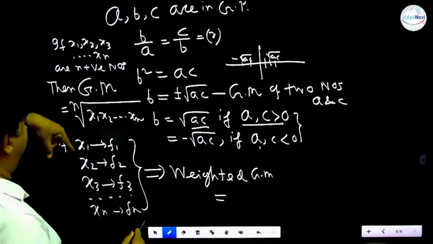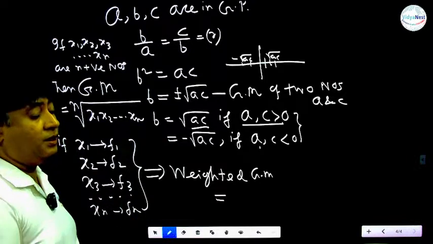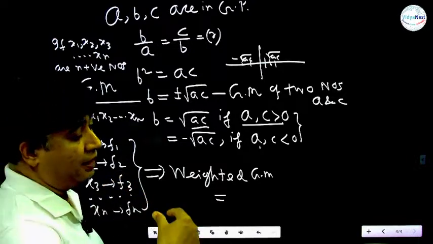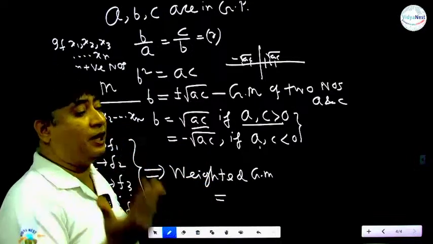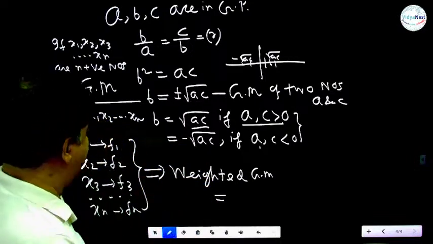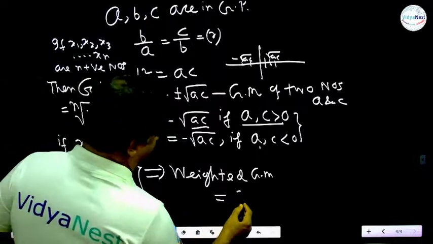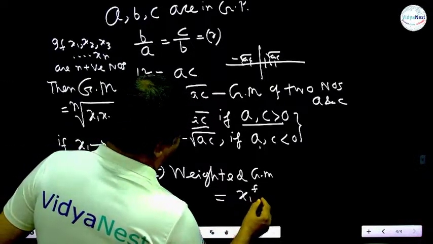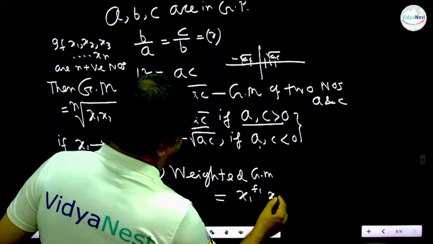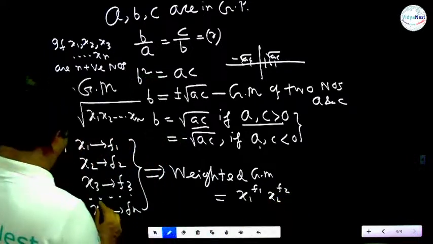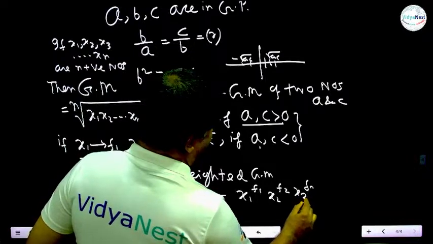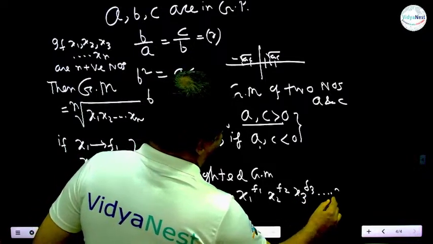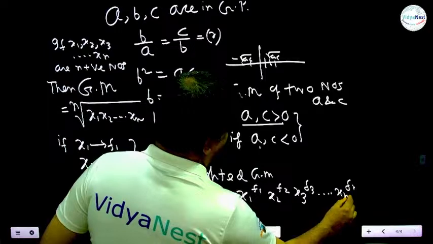x1 recurs f1 times. Suppose 2 recurs 3 times, 2 to the power 3. 4 recurs 5 times, 4 to the power 5. In this way, x1 to the power f1, x2 to the power f2, x3 to the power f3, up to xn to the power fn.